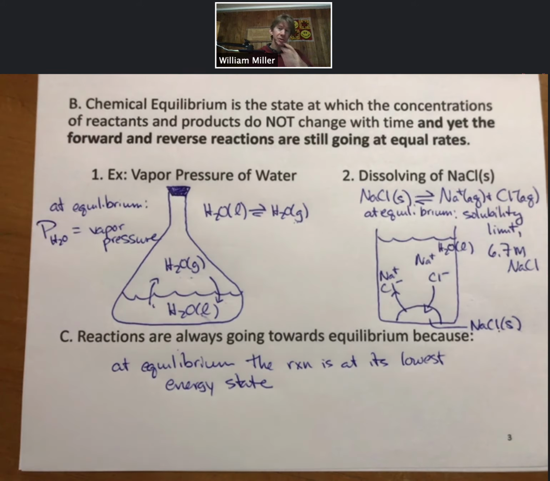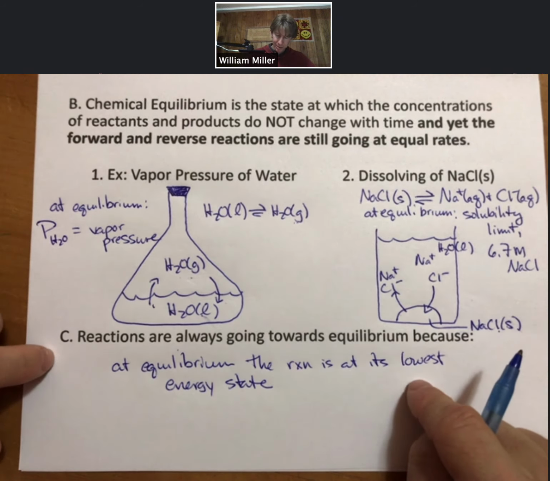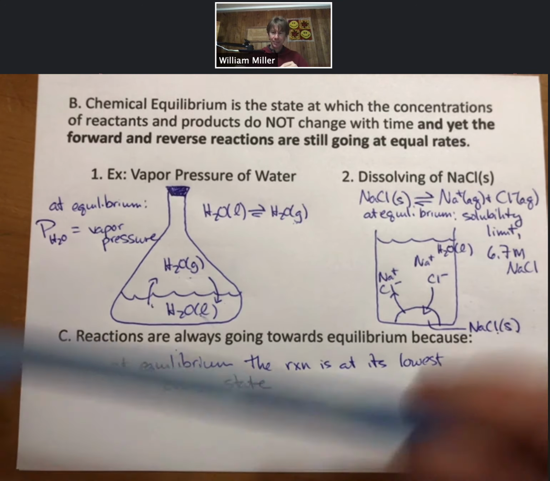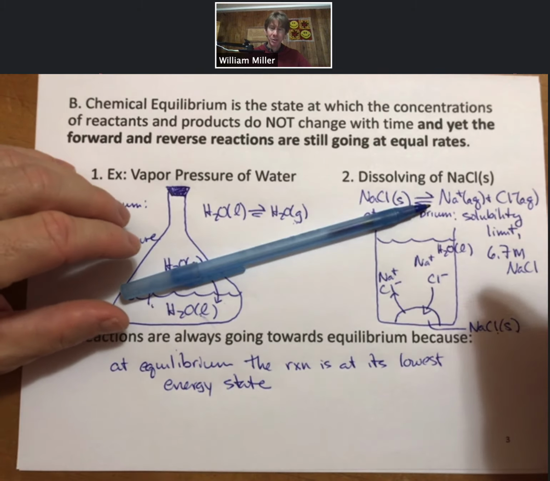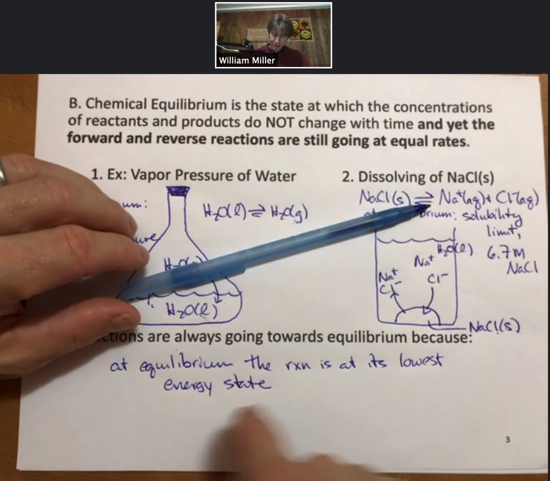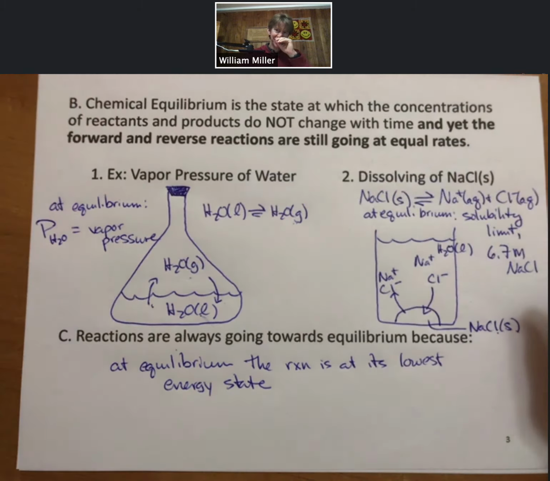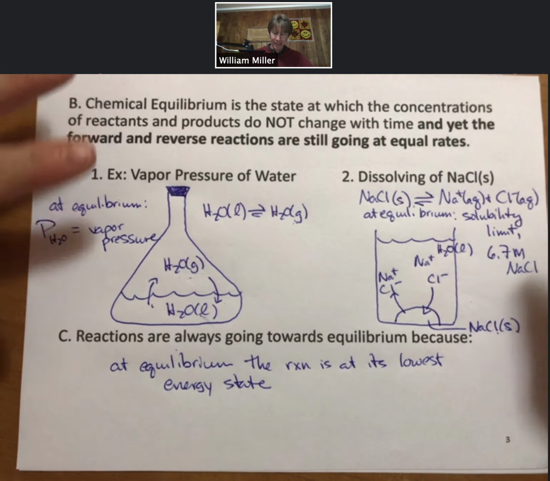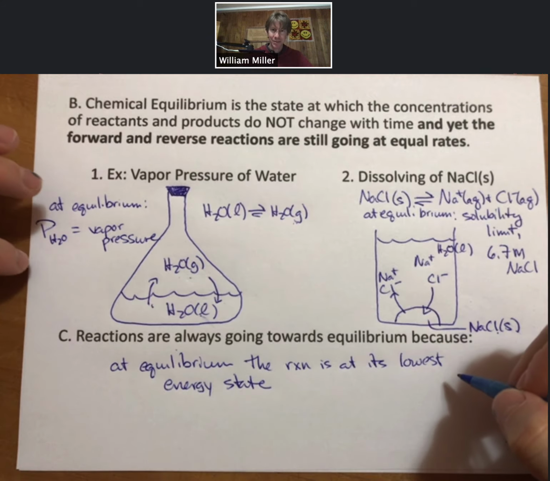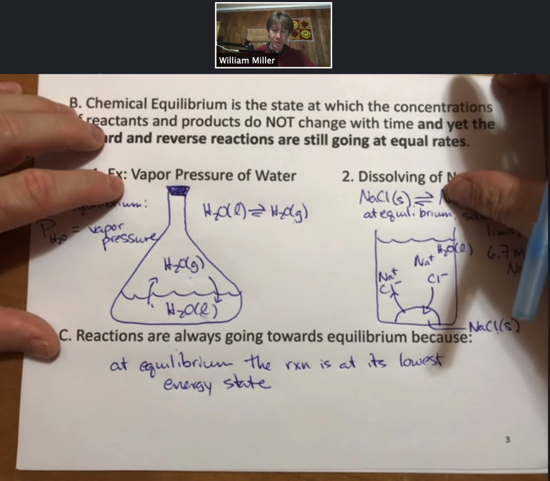And we will talk a lot about what that means, especially when we talk about thermodynamics. But for now, I want you to know this is true, that just in the same way that this pen falls to the ground because it is going to a lower energy state, reactions are going to their lowest energy state by getting to equilibrium, okay? And again, I don't expect that to make sense right now, but it is true. And we'll talk about what it means.